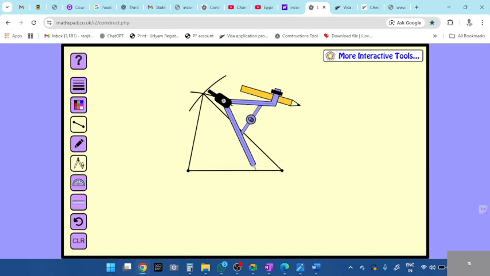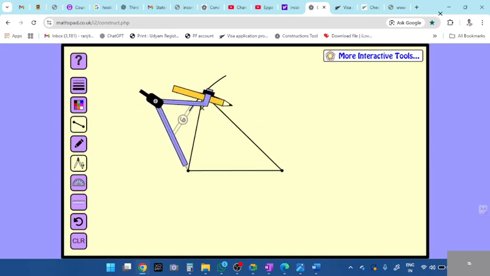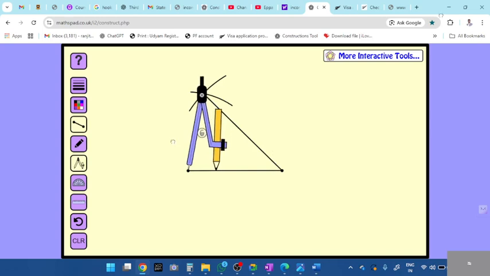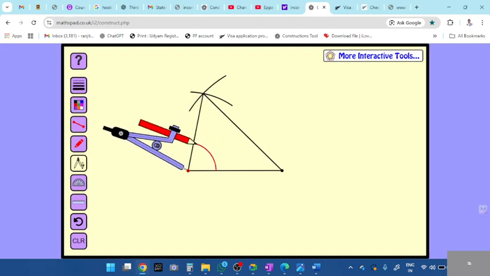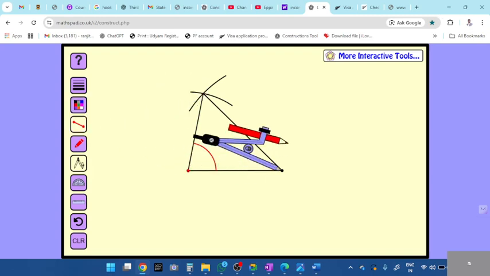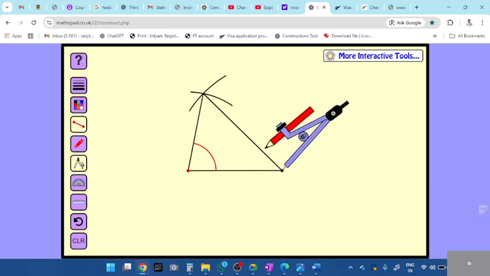Then we need two angle bisectors. You can take these two angle bisectors. First one and second angle bisector.